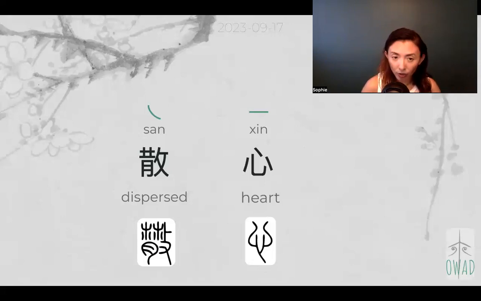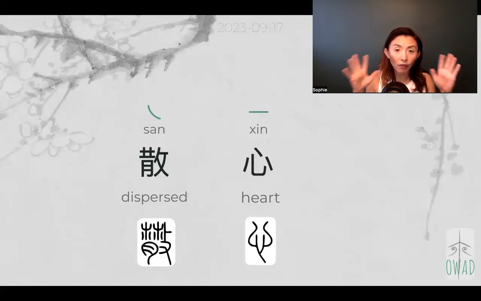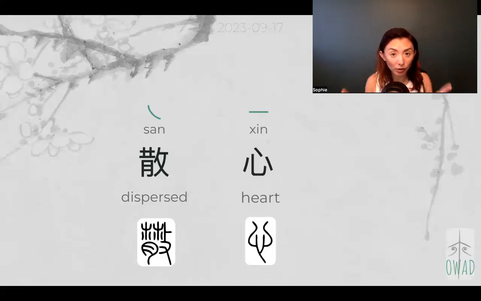I'm not sure if there is any intentional design there, but two of them, like two separate trees side by side, means a forest. So Chinese super simplifies, just using two repetitions of something to mean a multitude of something.